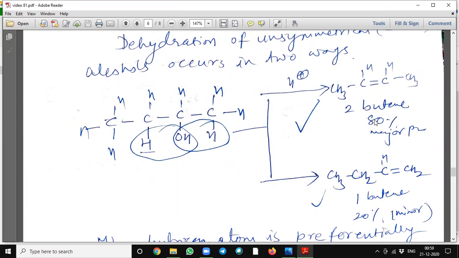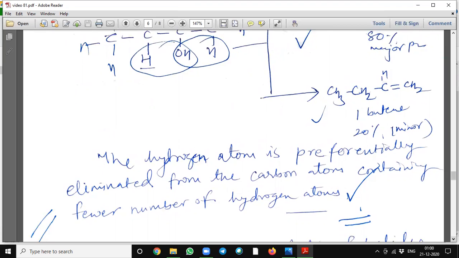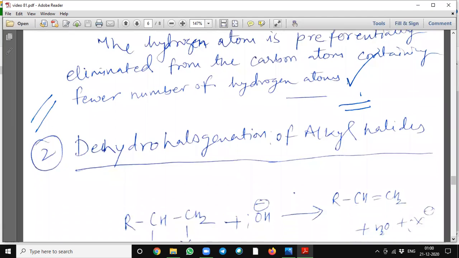So here 2-butene is the 80% major product and 1-butene is 20%, that is the minor. So this is called the Saytzeff rule: the hydrogen atom is preferentially eliminated from the carbon atom containing the lower number of hydrogen atoms.